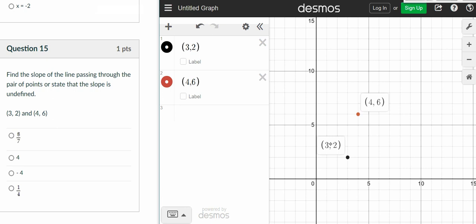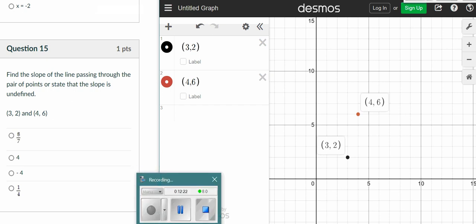Between 4 and 3 is 1. Okay, 4 minus 3 is 1. So really the rise over run is 6 minus 2 over 4 minus 3. 6 minus 2 is 4. 4 minus 3 is 1. So really the slope is just rise over run, which is 4.